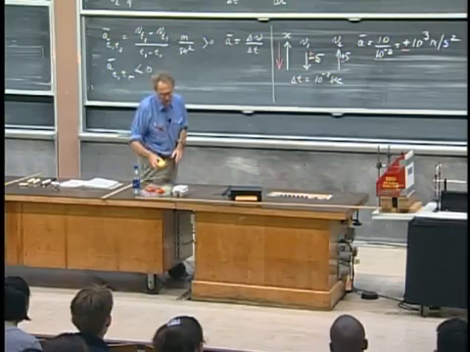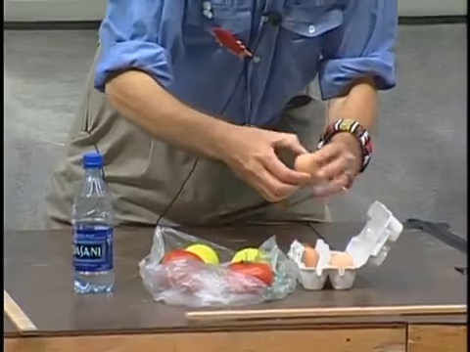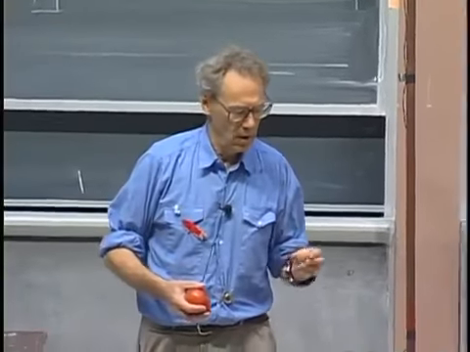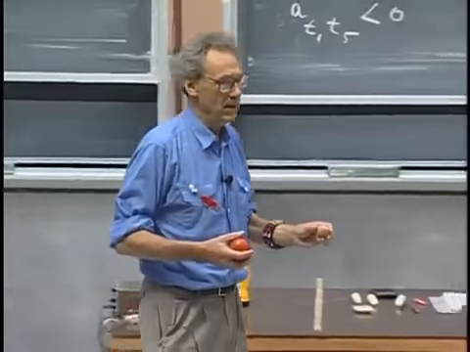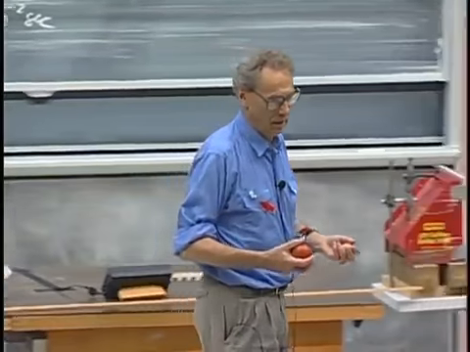I have also here a tomato, and I have here some eggs. Now, imagine that I throw the tomato down, or for that matter, the egg, and that they hit the floor at 5 meters per second. I could do that. They would not come back up. They would go pfft.